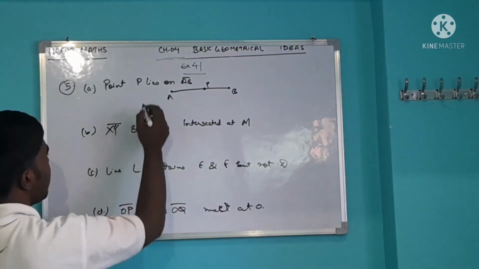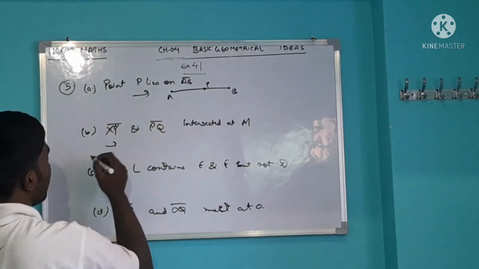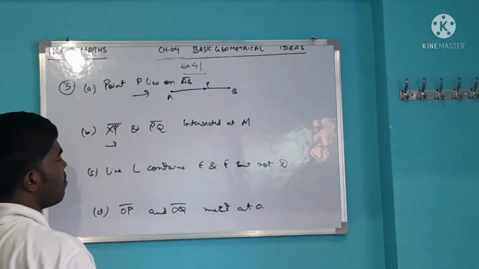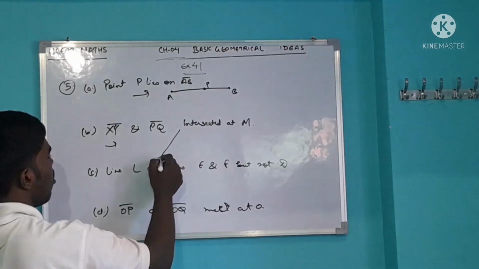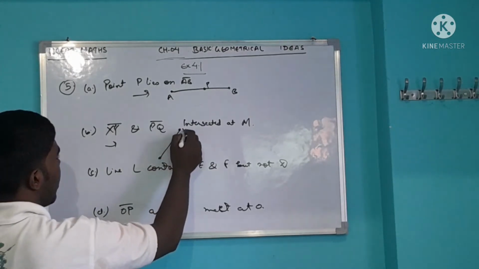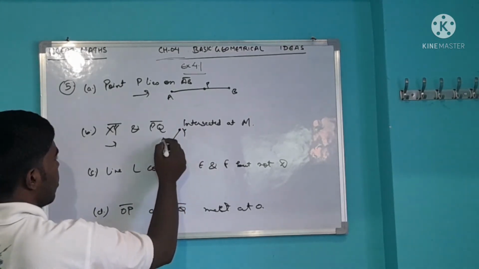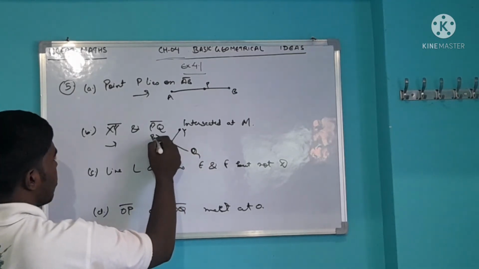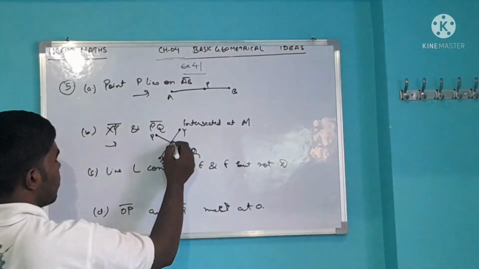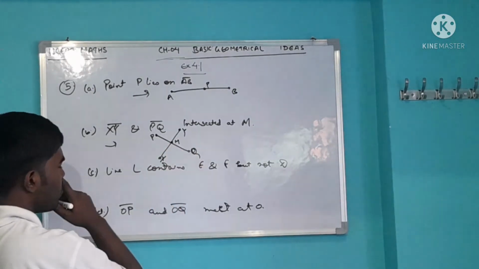In second part we have XY segment and PQ segment intersecting at M. Again draw XY segment, then draw PQ segment, and its joining point will be M. So this is the second question figure.